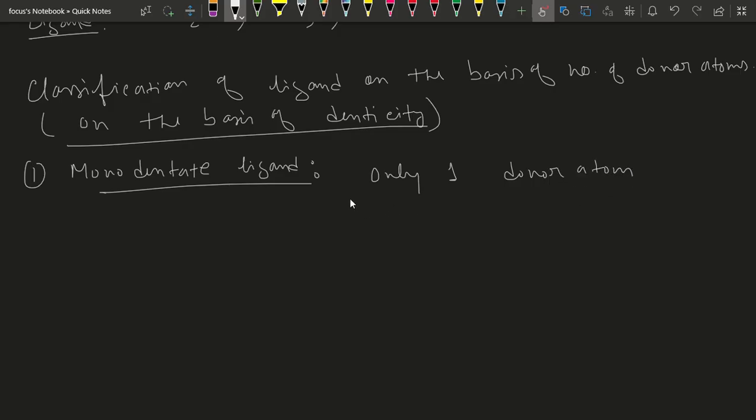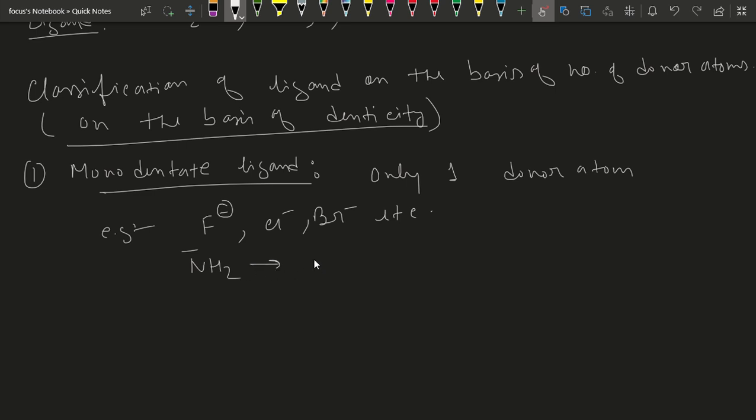It can be made up of more than one atom, but the number of ultimate donating atoms is only one. For example, the fluoride ion is a monodentate ligand because it can donate electrons only via one atom. Similarly, chloride, bromide, etc. Another example is NH2-.